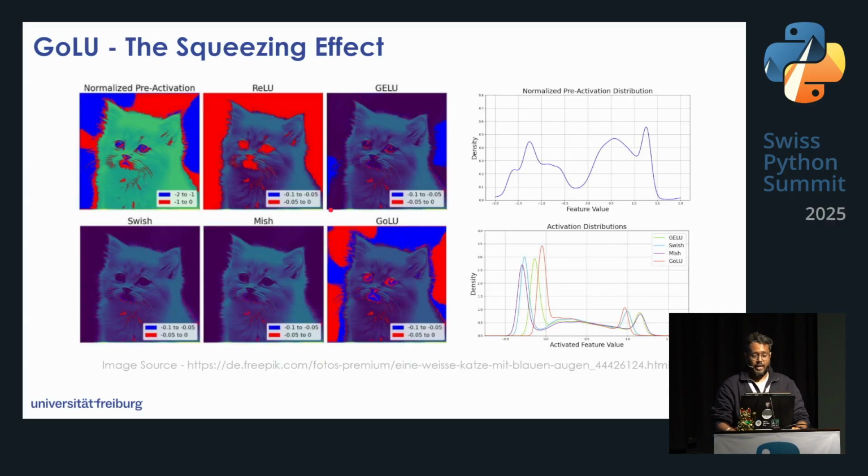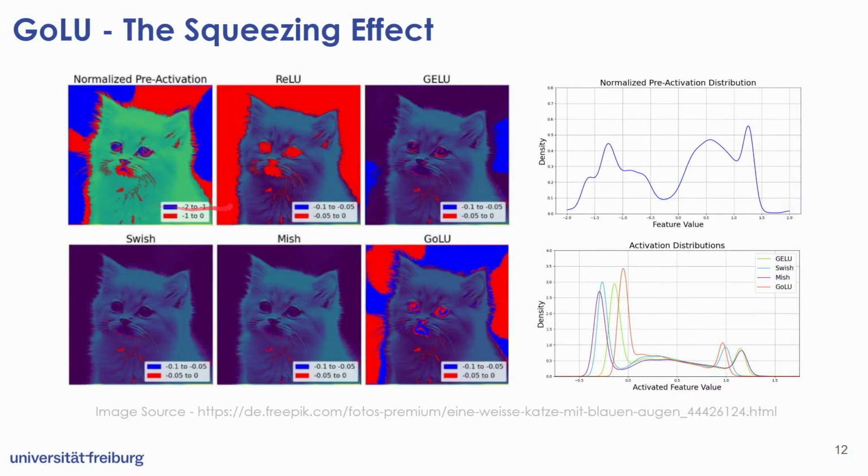The next property that we observe with GoLU is the squeezing effect. So we do the same experiment. We take a 3x3 2D convolution followed by batch normalization, and then we pass this image through different activation functions, and we see that with GoLU, you can represent the same set of features in a more compact region, which helps the model get less complicated.